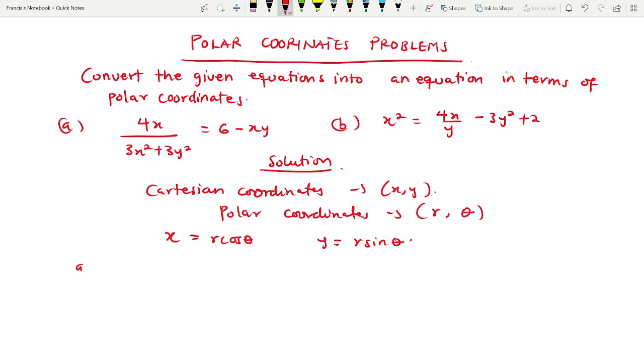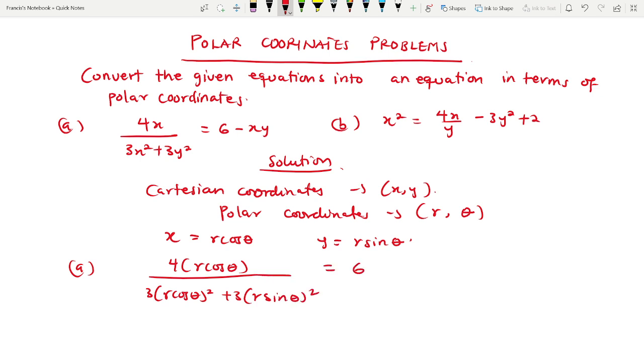Taking the first equation, my 4x, I just write 4 open brackets r cos theta, over the expression 3 open brackets. Wherever I see x here, I'll put my r cos theta there, all squared, plus 3 open brackets, my y squared, which is r sine theta, then everything squared.